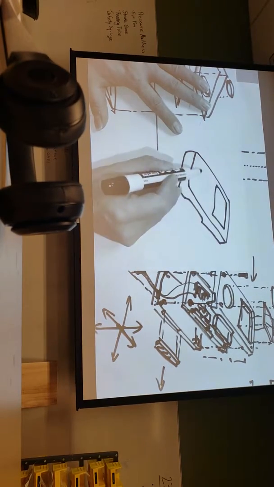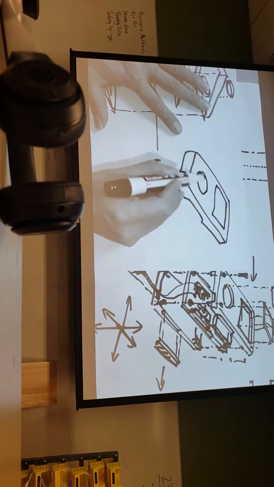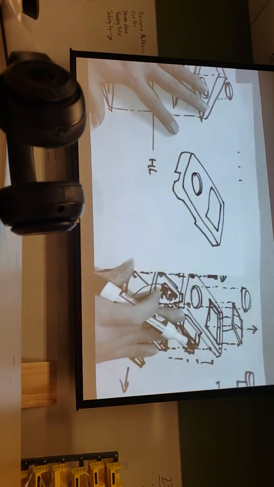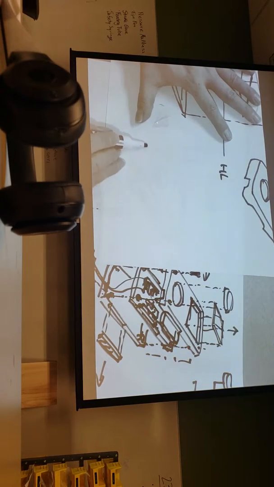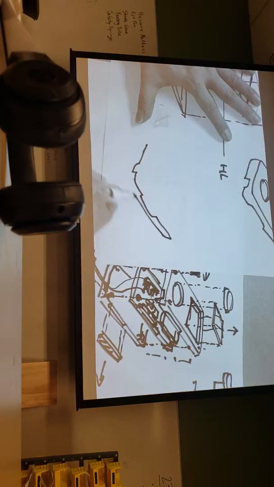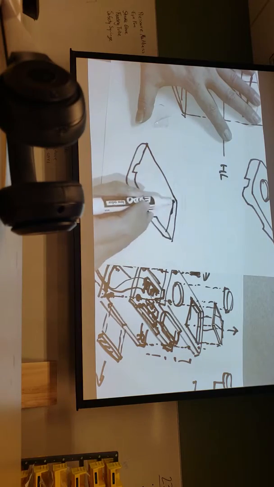I'm not saying that all of your objects are going to be as simple, but then you can just basically start to shift. I'm just drawing the lower half here, and maybe extrapolating the bottom shell.